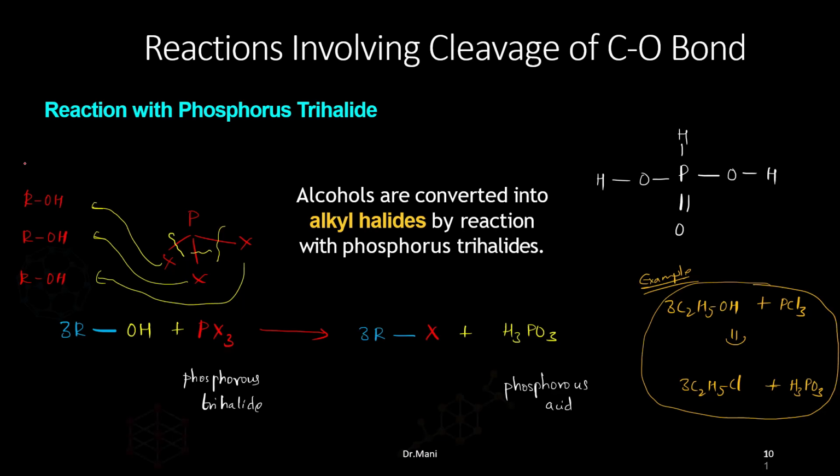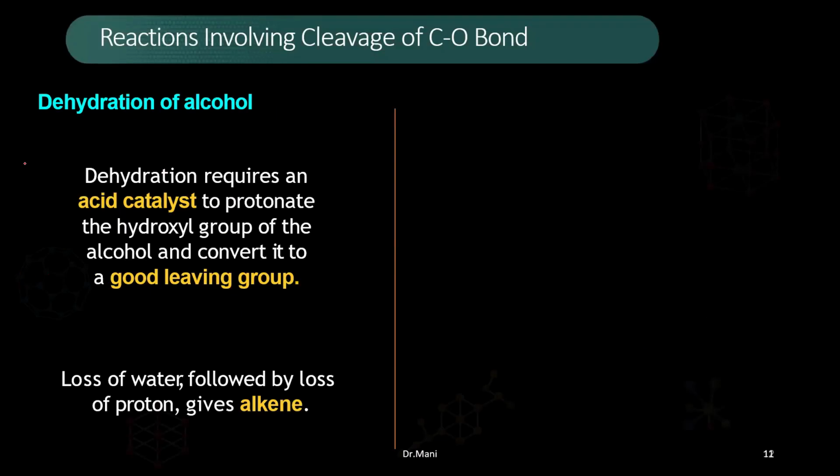So next one. The third way is dehydration of alcohols. So how do we do that? Dehydration requires an acid catalyst here. In this reaction, we will be using the acid catalyst to protonate the hydroxyl group of the alcohol and convert it to a good leaving group.